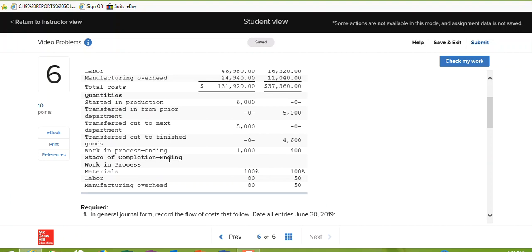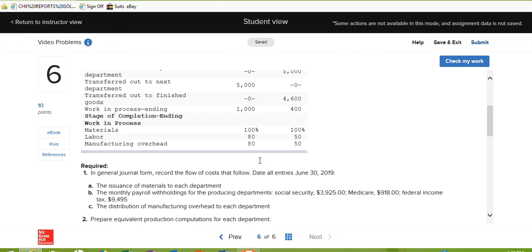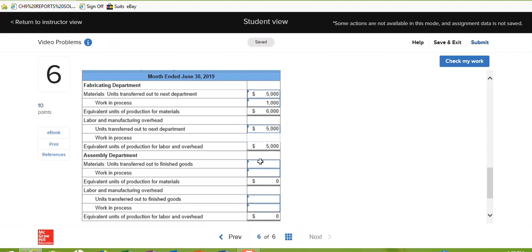Our ending work in process was 1,000 units. And those 1,000 units are only 80% complete in terms of labor. So if we take 80% of 1,000 units, the equivalent of that is 800 units. Let's see where it's going, right there.